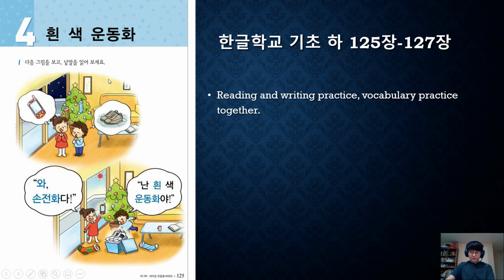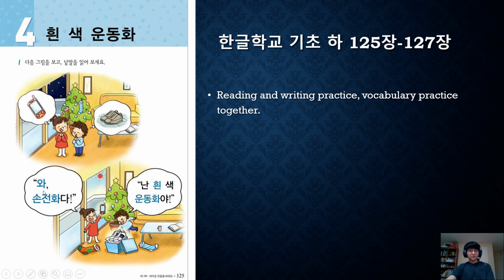Alrighty, let's look at this picture here. Sadly, Christmas has passed, but for these children in this photo, Christmas is still happening. So look at this girl on the right, she wants a telephone, or I guess a smartphone. And the boy wants sneakers.